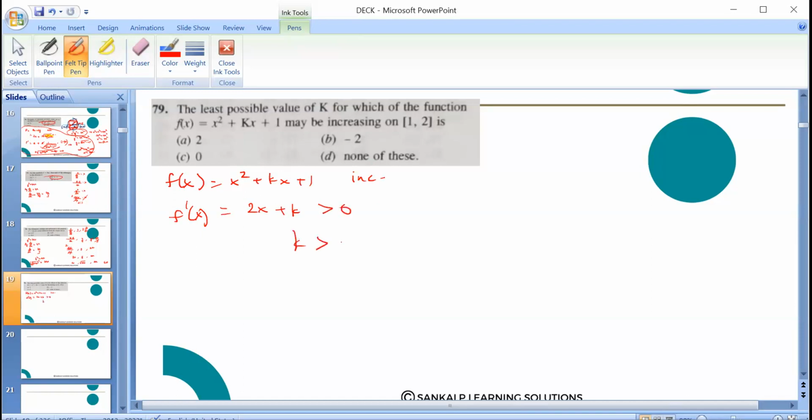So k has to be greater than minus 2x on the interval 1 to 2. So for x equal to 1, k will be greater than -2.